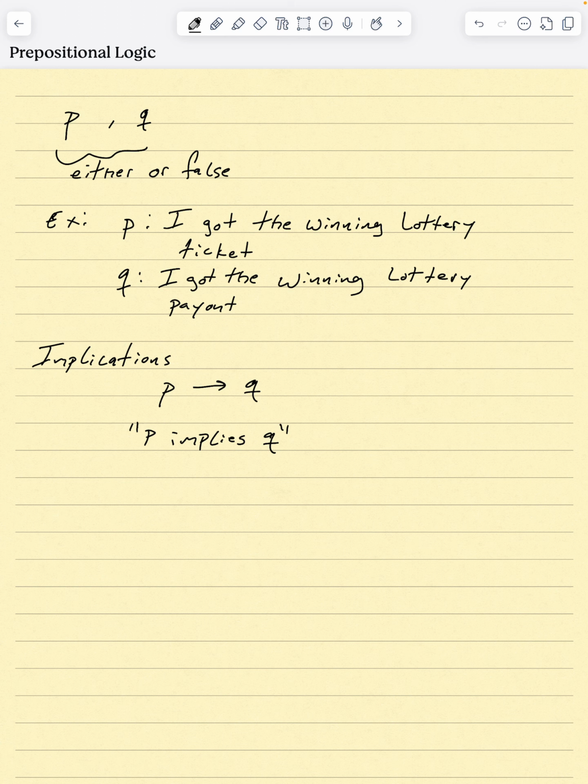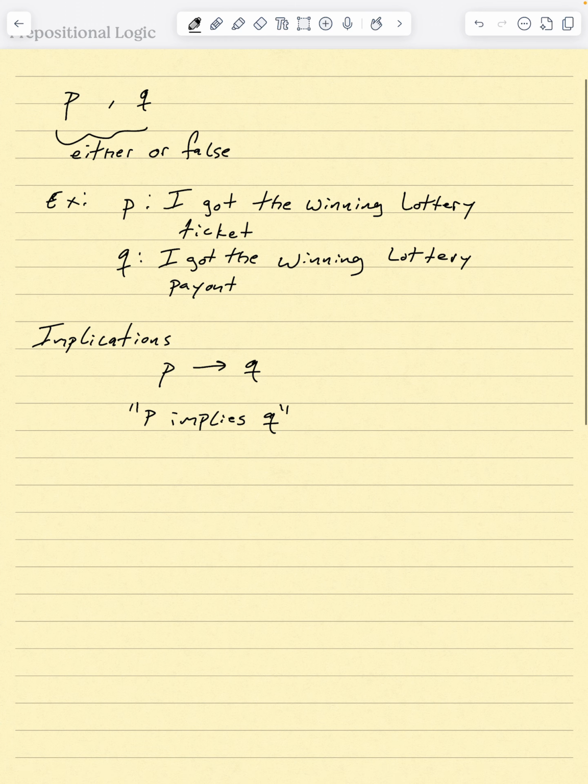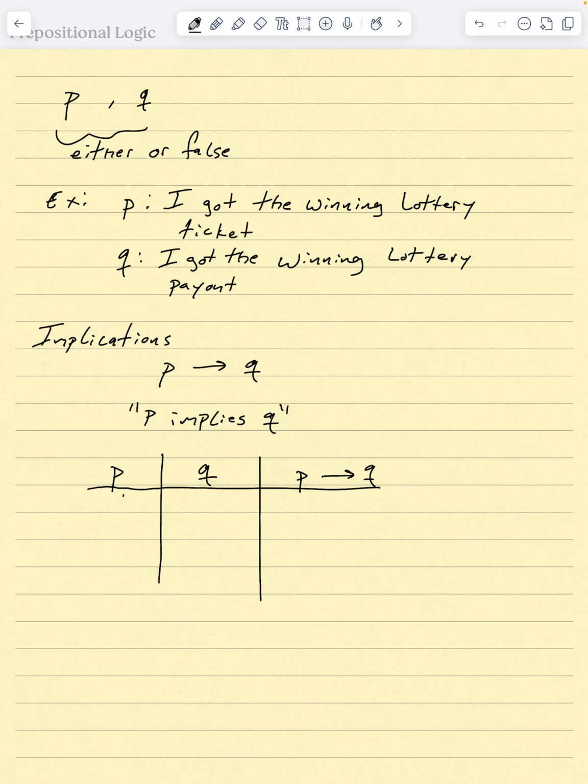All right. Now, like I said, these are things that have true and false assigned to them, P and Q. So if I make a table, P, Q, P implies Q. All right. P could be true or false.